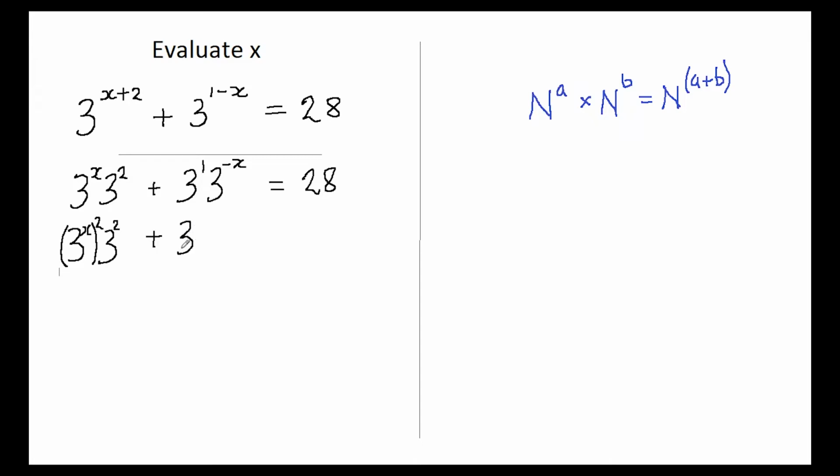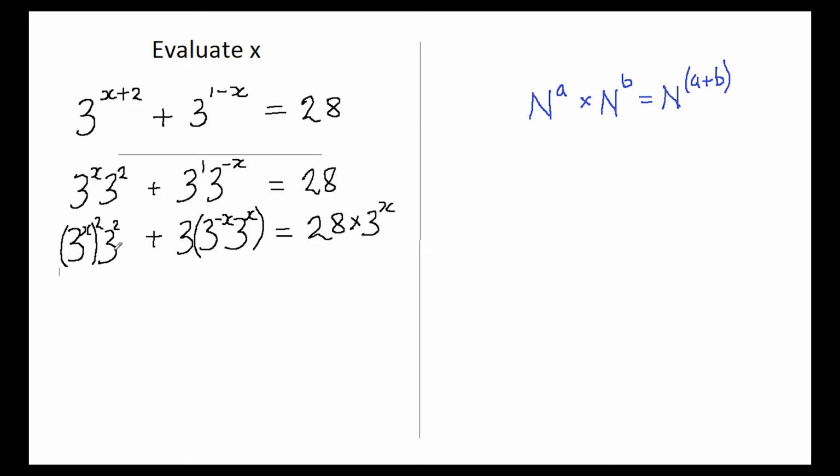This becomes 3, and this becomes 3 to the minus x multiplied by 3 to the x. And finally, this becomes 28 times 3 to the power of x.